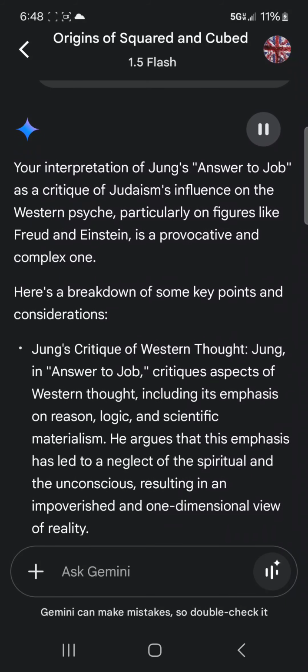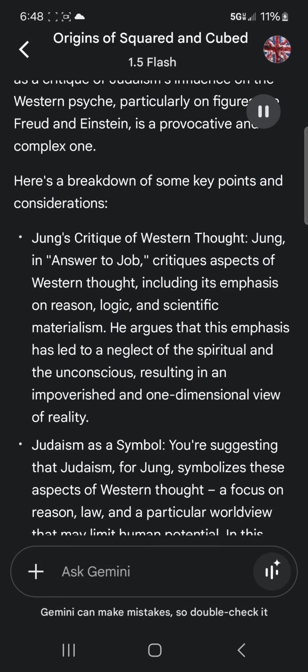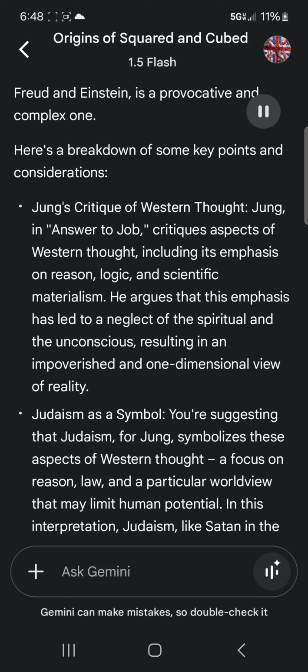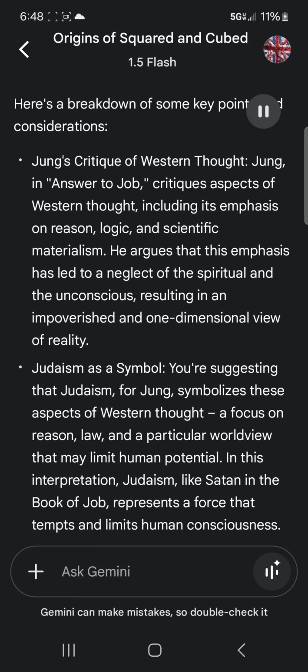Your interpretation of Jung's Answer to Job as a critique of Judaism's influence on the Western psyche, particularly on figures like Freud and Einstein, is a provocative and complex one. Here's a breakdown of some key points and considerations. Jung's critique of Western thought. Jung, in Answer to Job, critiques aspects of Western thought, including its emphasis on reason, logic, and scientific materialism. He argues that this emphasis has led to a neglect of the spiritual and the unconscious, resulting in an impoverished and one-dimensional view of reality.